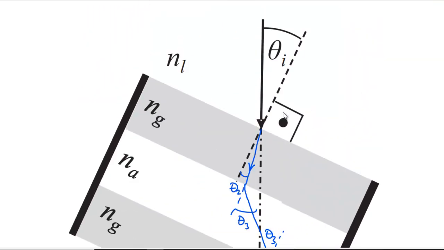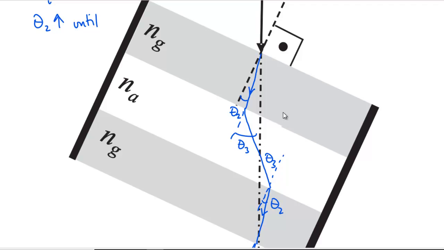So what we're saying here is if theta I goes up, then theta 2 will go up until theta 3 is the critical angle. Yeah, this is where we're going to get our total internal reflection. Until theta 3 equals 90 degrees, i.e. total internal reflection. So that's what we're going to have on this.